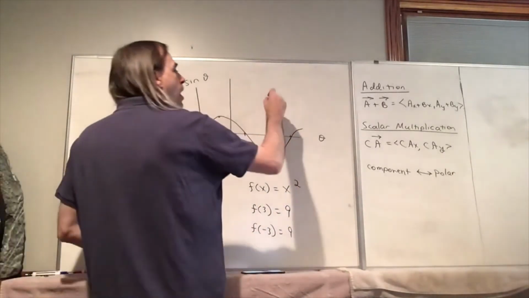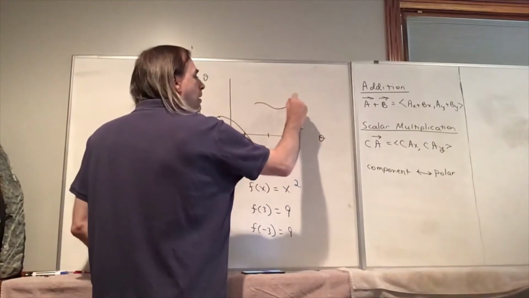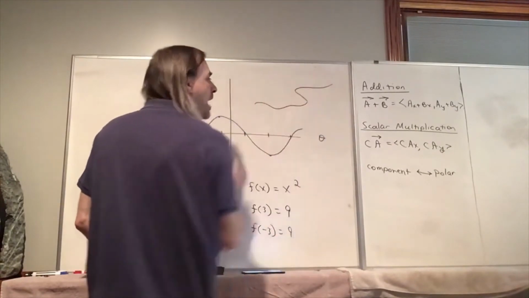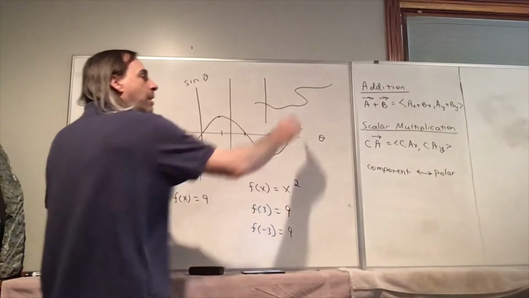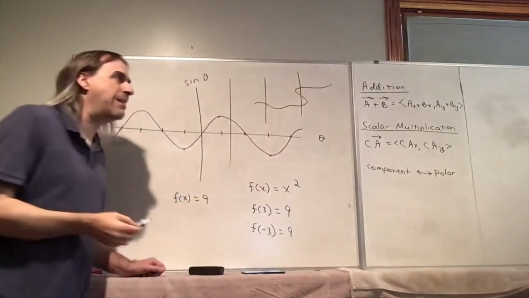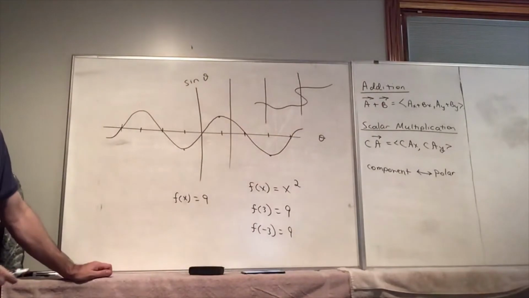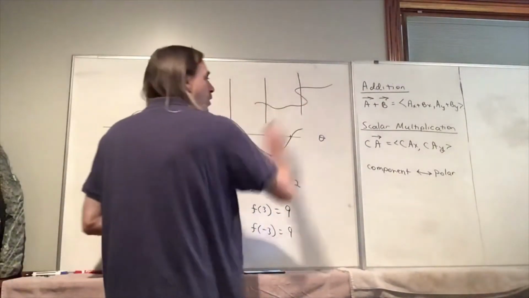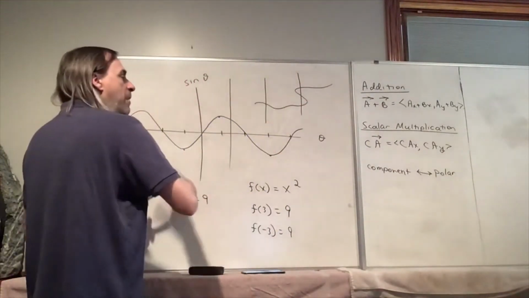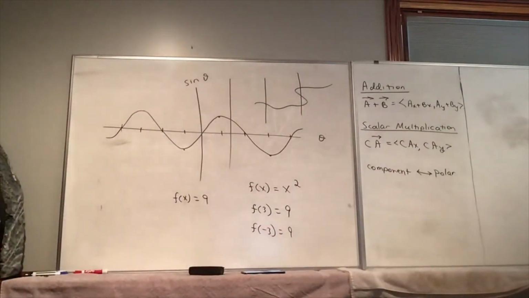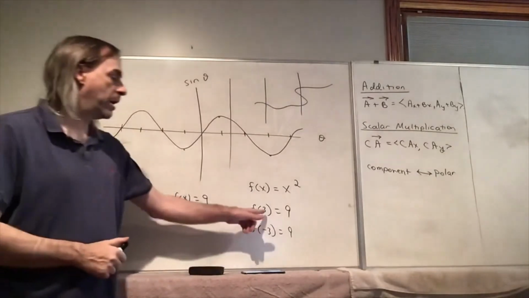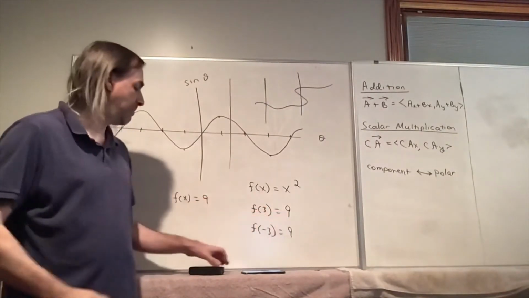So just to be clear, if you have something like this, it is not a function. You can draw a vertical line that's going to cross at one point here, but if you draw a vertical line there, it's going to cross at 3 points, and so this is not a function. So again, in order to be a function, every vertical line has to cross the function at exactly 1 point. That's why if we plug in 3, we get 9. There's no question about that.